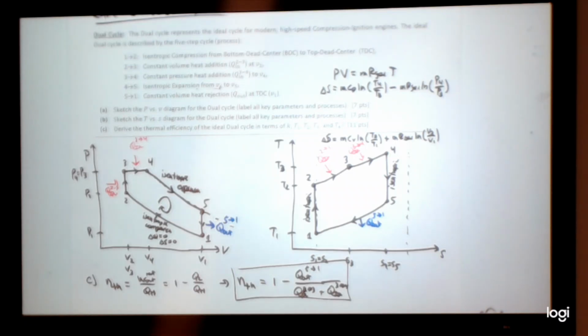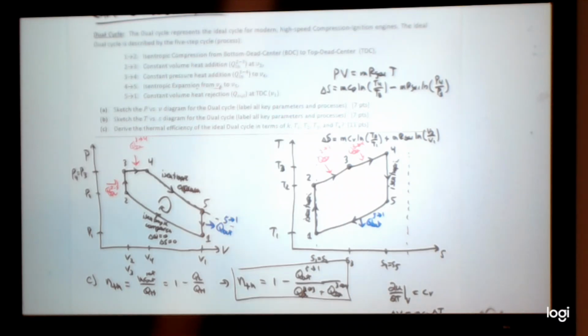Basically, you just go straight to the partial of U with respect to T at constant volume equals CV. So then, of course, you can get delta U equals m CV delta T. Likewise, you can get the partial of H with respect to T at constant pressure equals CP.